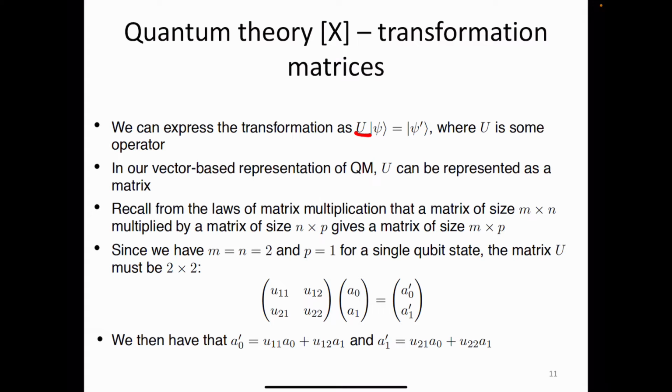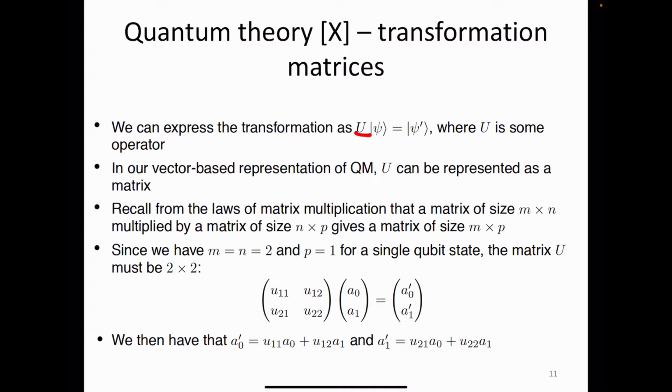We had that before. By combining two matrices, we recall the laws of matrix multiplication: a matrix of size m times n multiplied by a matrix of size n times p gives a matrix of size m times p. If we look at that more concretely, here m and n equal 2, and p equals 1, because we only have a 1-qubit state.